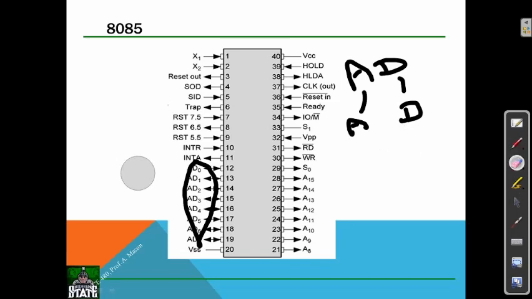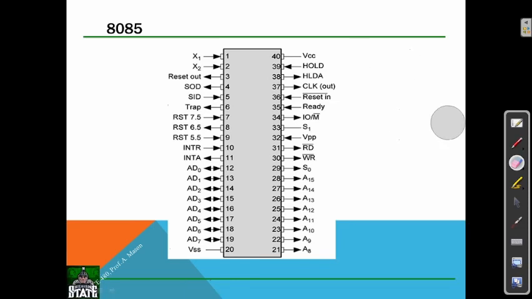Whereas in pins 28 to 21 we have A8 to A15, where we send only the address.